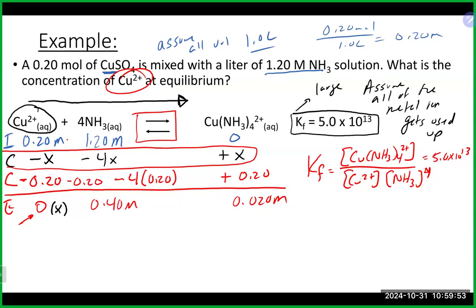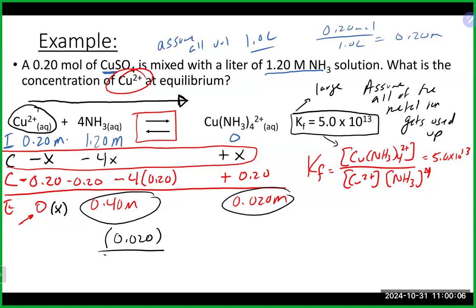So we call it X, and now we can go into our equilibrium expression with our equilibrium values. That gives us 0.02 up on top, divided by the copper concentration, which is what we're looking for, times our 0.4, which again we need to take to the fourth, and that will equal our KF value of 5 times 10 to the 13.